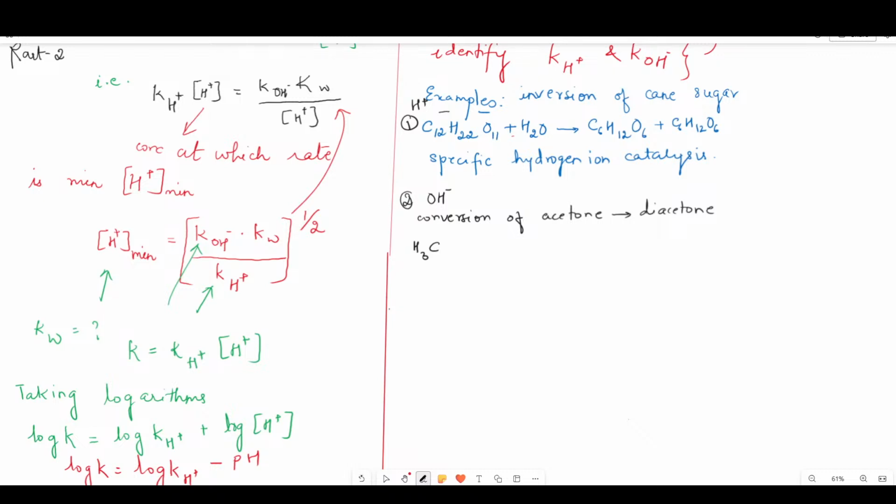H3C COCH3 plus CH3COCH3, that is acetone, gives H3C CO CH2 C(CH3) twice OH.